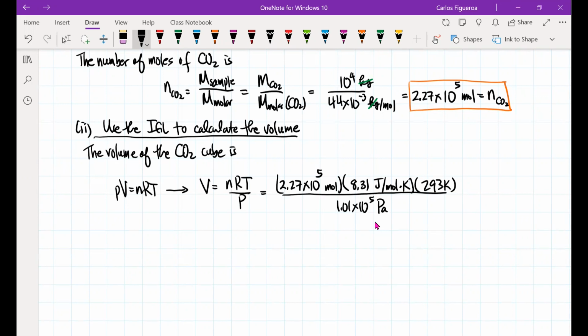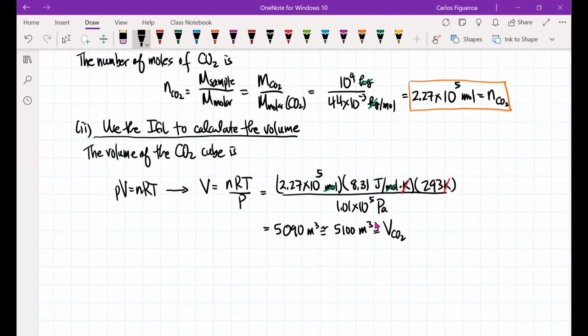So when you're looking at this unit-wise, note that the mole here is in the numerator and that one's in the denominator. And then you look at the Kelvins in the numerator here, and this is in the denominator. So that means joules per pascal is going to be in units of meters cubed. So if I compute this number, to 2 sig figs, I get 5,100 meters cubed. And this is the volume of the CO2.